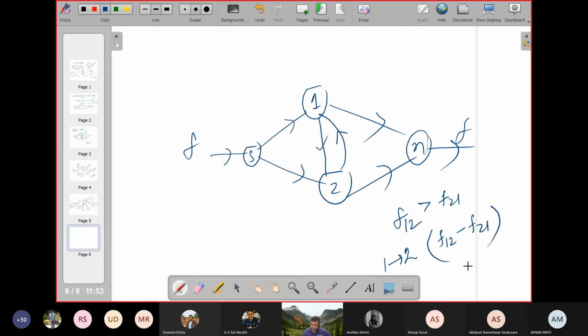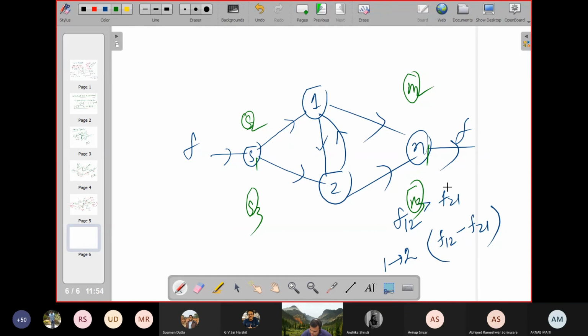Another variant, and then I'll close it. What happens when you have multiple sources and multiple destinations? Instead of one S, you have S1, S2, S3, three sources, and three destinations, N1, N2, and N3.